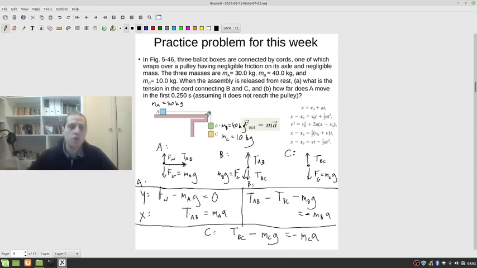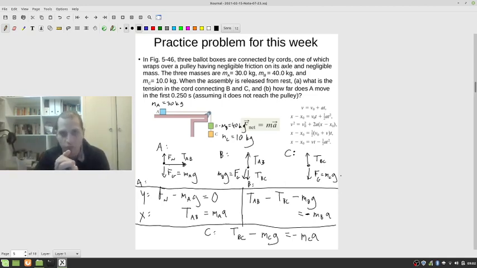So essentially you have three equations, three unknowns. The unknowns are TAB, TBC, and a. And since you have three equations, three unknowns, essentially the problem is done. From that point on, it's just math.